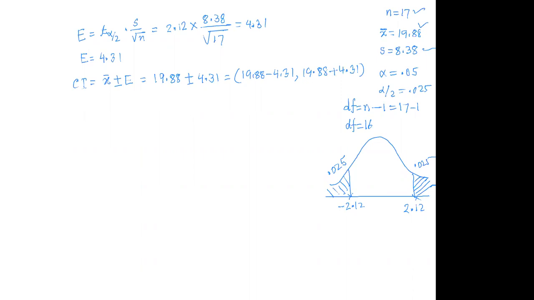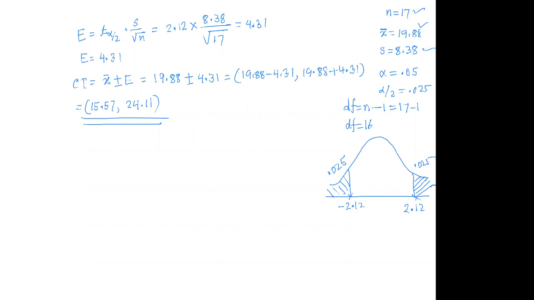So 19.88 minus 4.31 is 15.57, comma, and 19.88 plus 4.31 is 24.11. So the true number of hours that students at your school work per week falls between 15.57 and 24.11 hours.